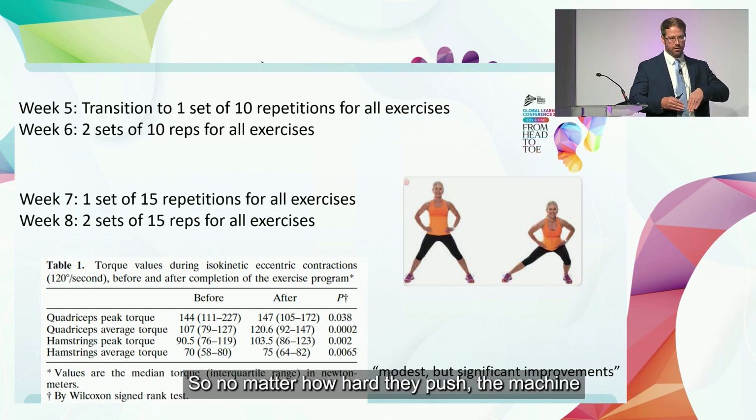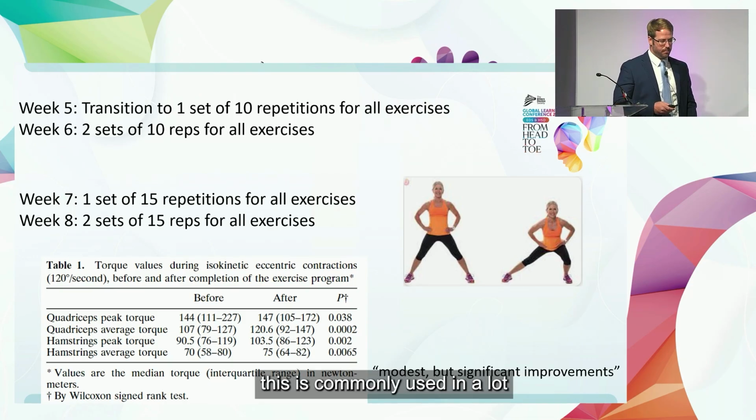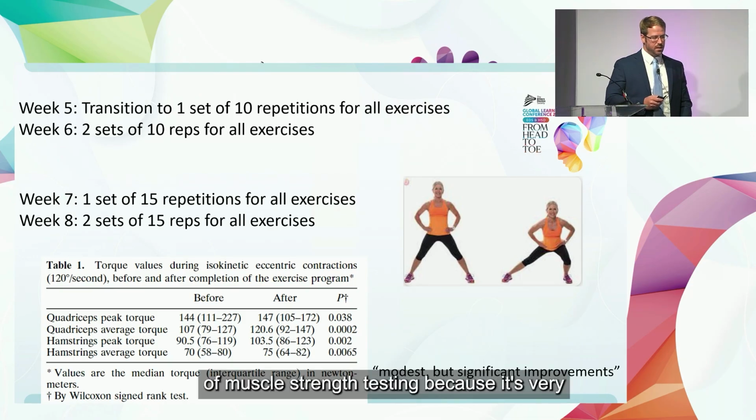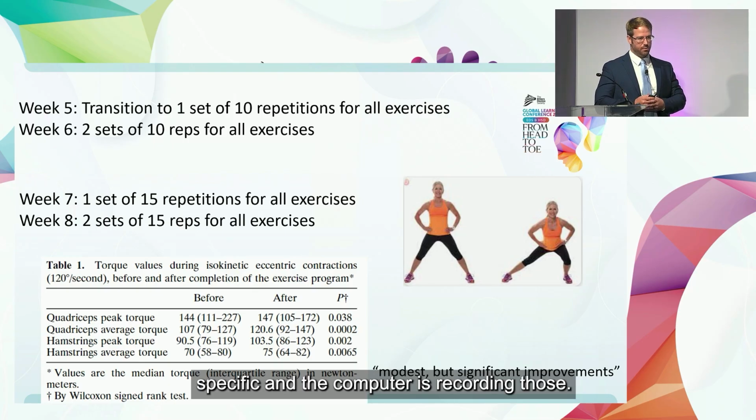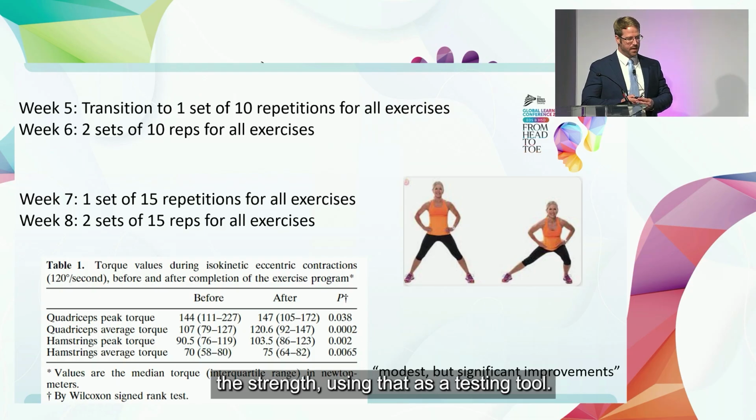So no matter how hard they push, the machine will only move at a certain rate of speed. This is commonly used in a lot of muscle strength testing because it's very specific and the computer is recording those. What they found was what they describe as moderate or modest but significant improvements in the strength using that as a testing tool.